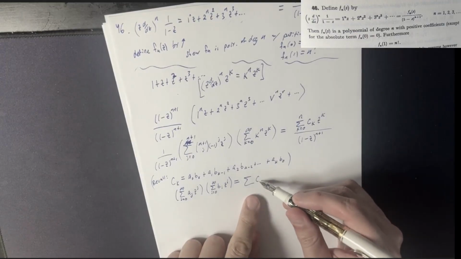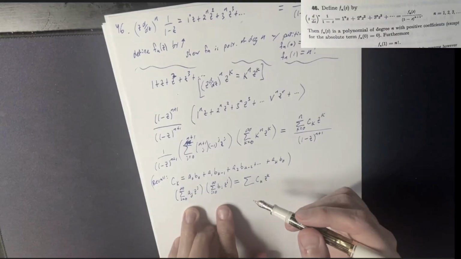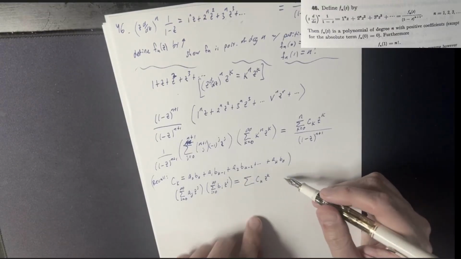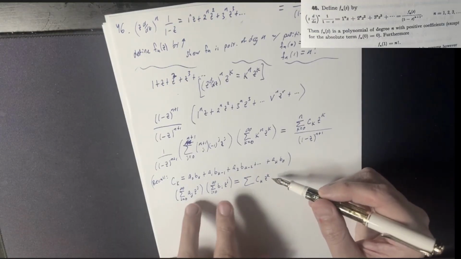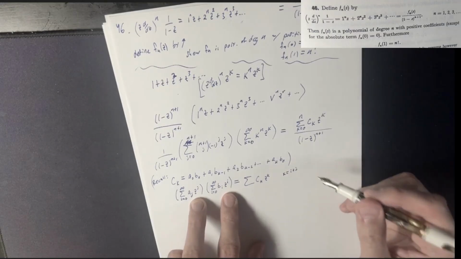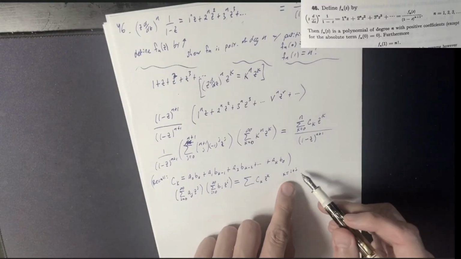You get some new series that I'm calling C. When you multiply these, to show this result, you would just be observing that these powers are coming from various pairings of i and j, but only the ones where this occurs.